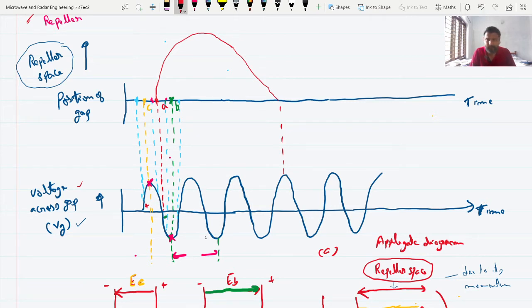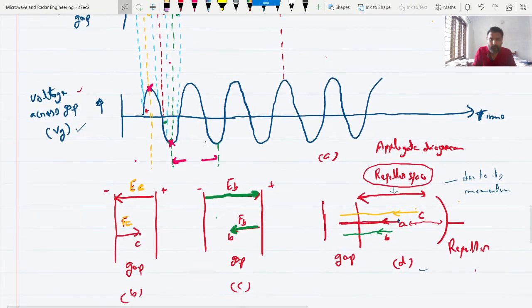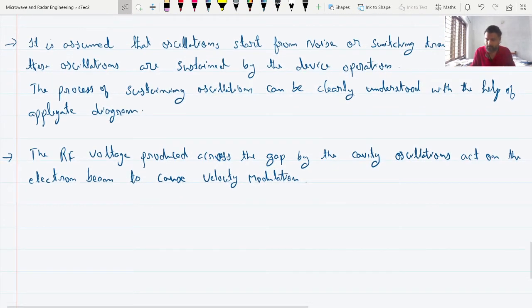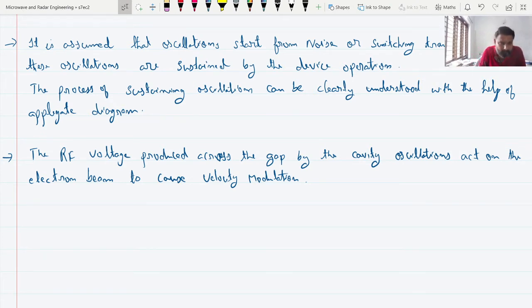So I will write here the point that I discussed. That's the first point. I will write it in the applegate diagram, as shown in the figure.